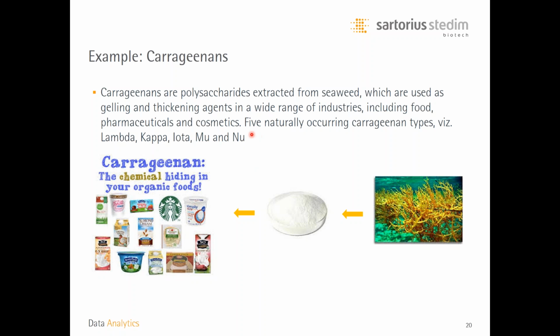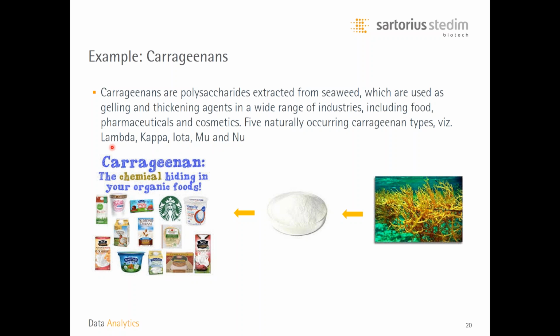And in nature, there are 5 different varieties of carrageenans. The 3 most occurring are called lambda, kappa, iota, and then you have versions 4 and 5 that are called mu and nu, but they are found to a much lesser extent in nature.